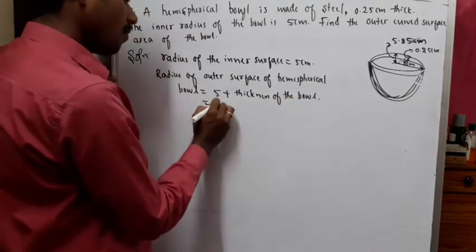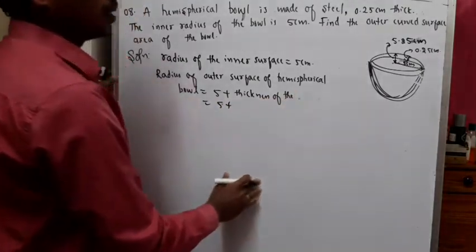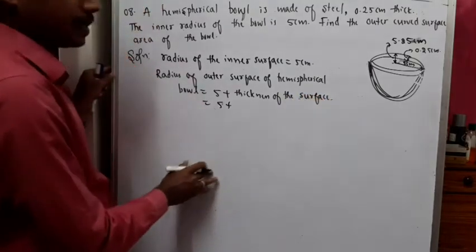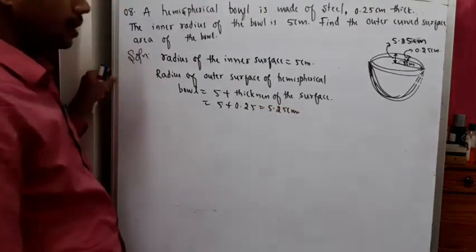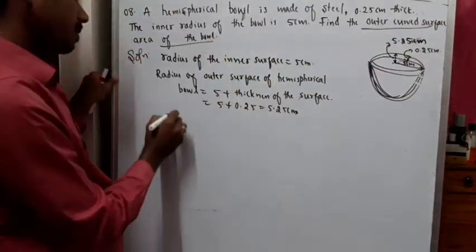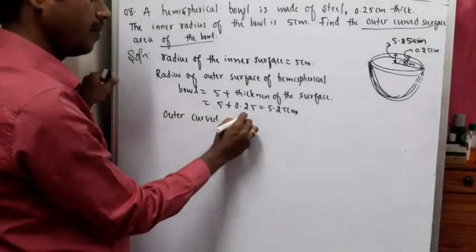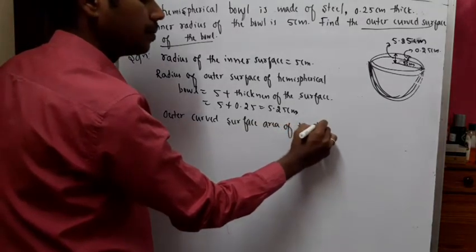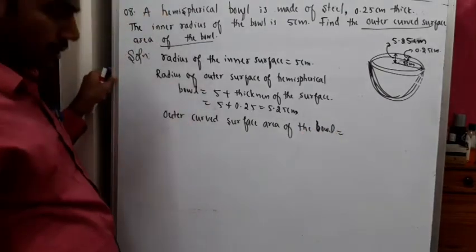What is the thickness? 0.25, which gives 5.25 centimeter. Fine. Now the outer curved surface area of the bowl is equal to what?